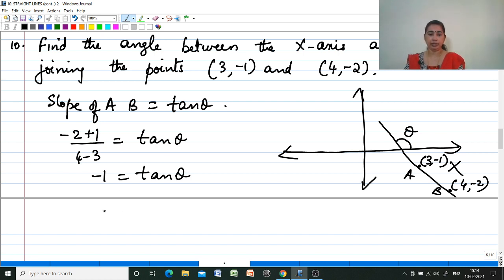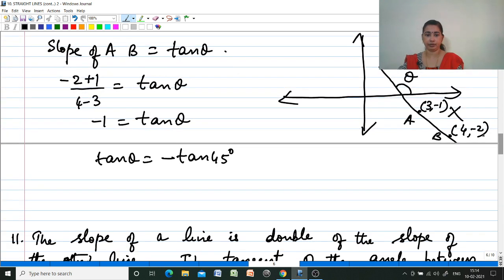Now this can be written as tan theta is equal to minus 1, and instead of 1 we can write tan 45. Then, what is minus tan 45? That is tan (pi minus theta), that is pi minus 45, because tan (pi minus theta) is minus tan theta.